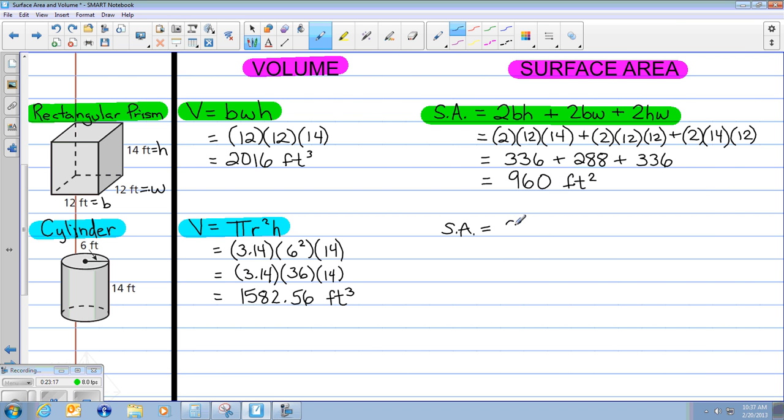So 2 pi r h plus 2 pi r squared. Okay, I'm going to highlight that.